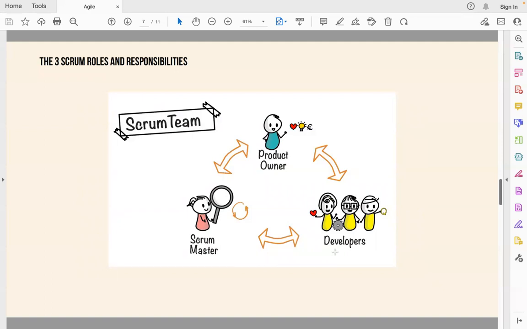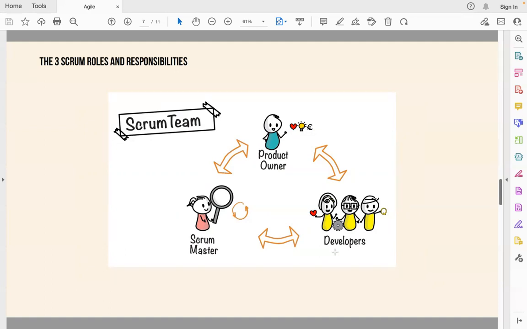The product owner ensures that the Scrum team aligns with the overall product goals, so they understand the business needs of the product, the customer expectations and market trends. And because they have to understand how the Scrum team fits into the bigger picture, the product owners usually stay in touch with product managers and other stakeholders outside the team.